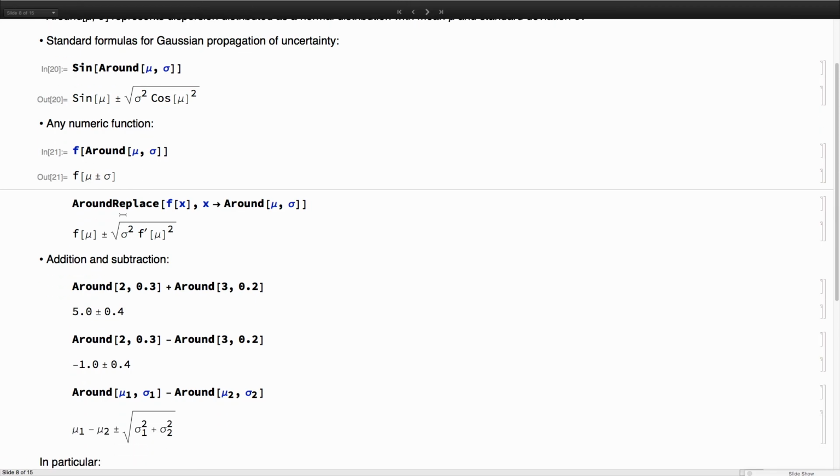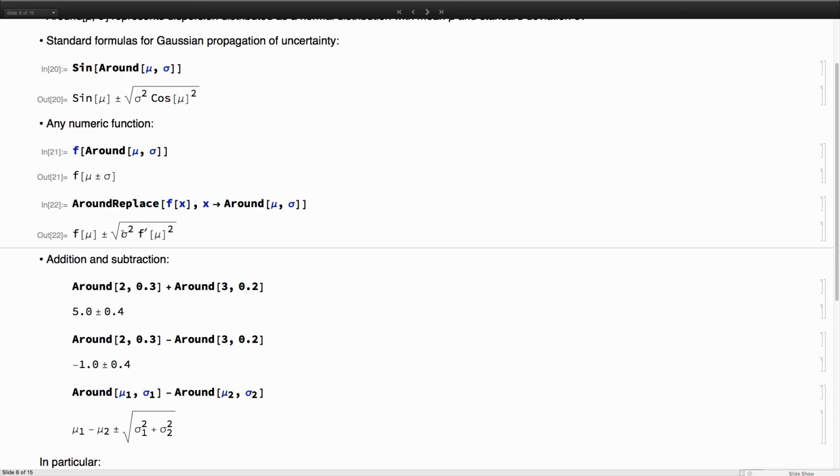And now there is a new function, which currently we are calling round replace, but again, it's not a very good name yet. It will do all the operations, saying, well, you take f of x, and x actually has value around mu with uncertainty sigma. And then you get the standard formula, right?